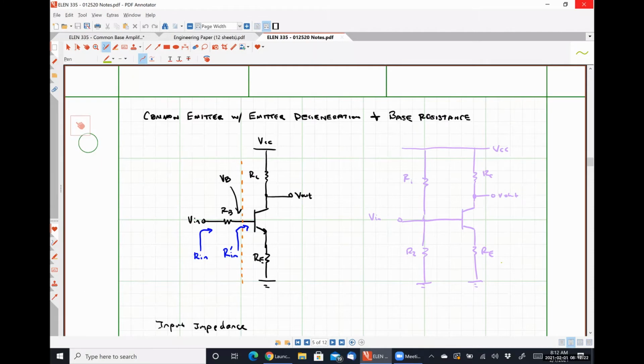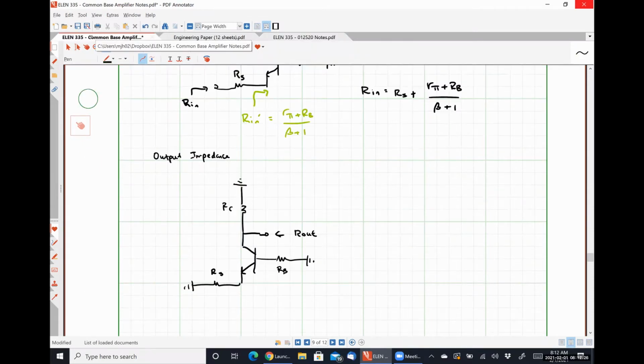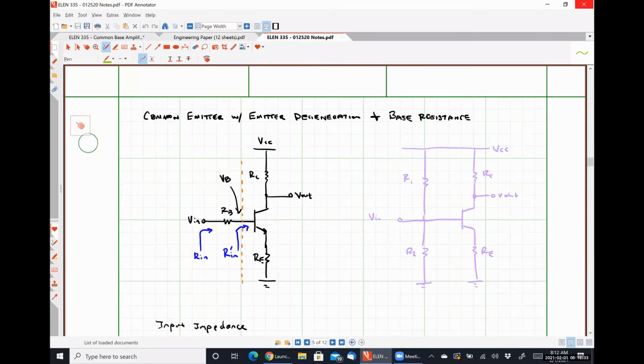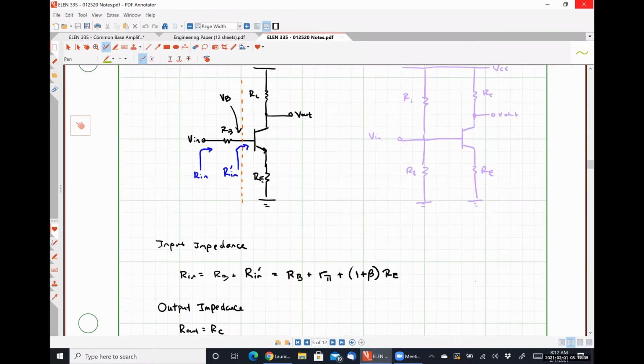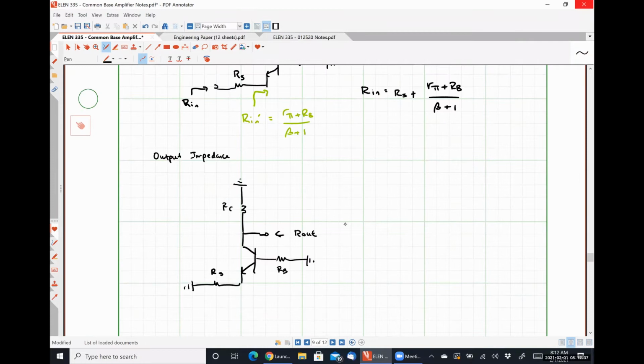So this is exactly identical to this one, right? And so from that, our R out is going to be the exact same thing as we saw there, which we have listed as simply RC. Same as CE with RE and base resistance.